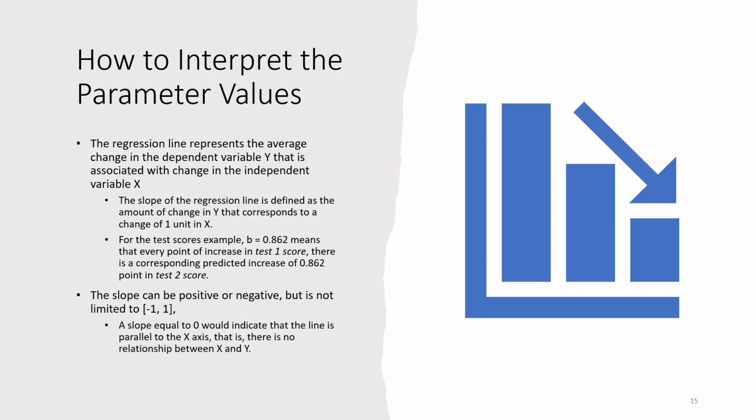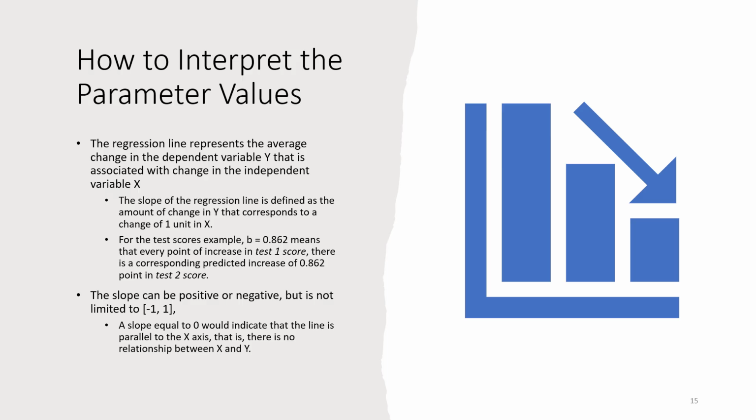Conceptually, the regression line represents the average change in the dependent variable y that is associated with a unit change in the independent variable x. Specifically, the slope of the regression line is defined as the amount of change in y that corresponds to a 1 unit increase in x.